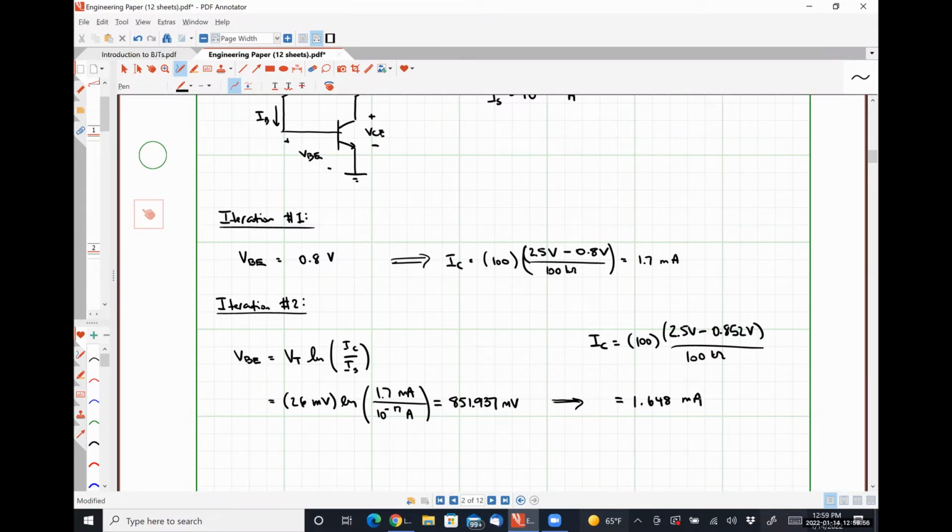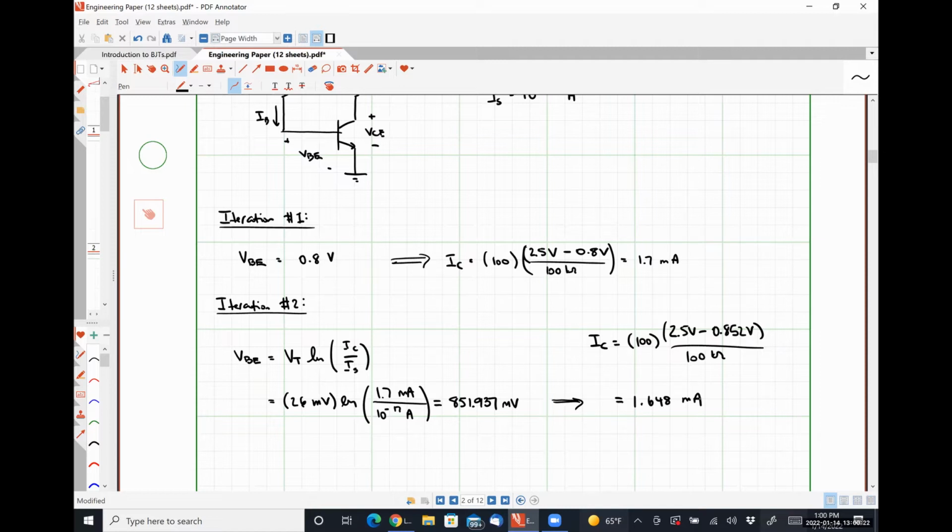So our initial guess generated a current of 1.7 milliamps. We use that to calculate a voltage using our IV relationship for our BJT. We recalculate IC, and if there was a change, we need to keep going until that change is small, right?